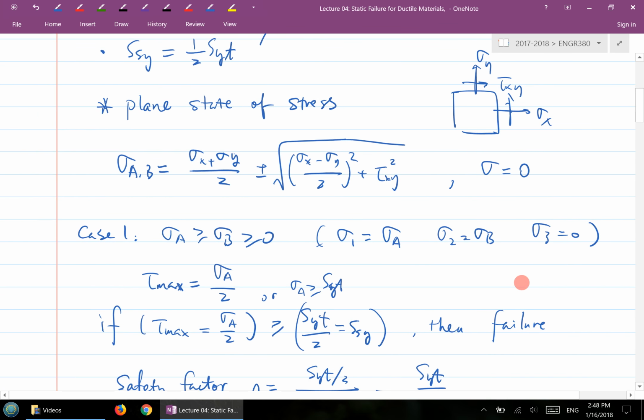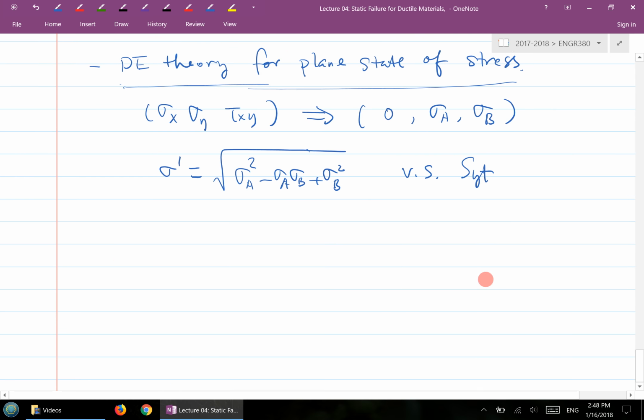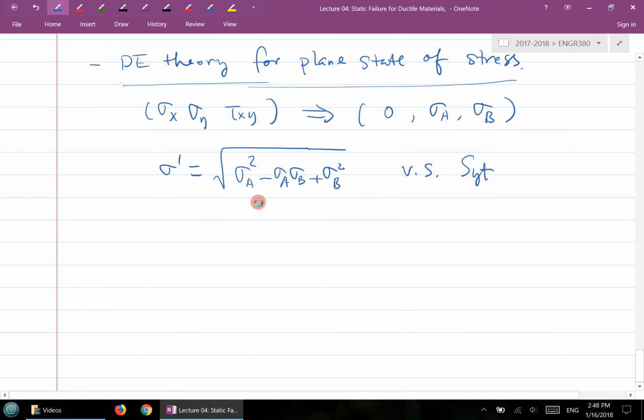This is your calculation for sigma A, sigma B. If you substitute this expression into here, you get another alternative expression for sigma prime. So these two are all good in terms of the calculation for sigma prime.